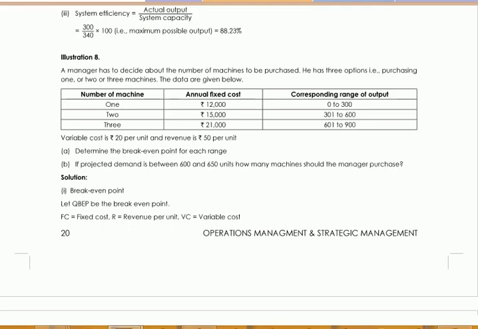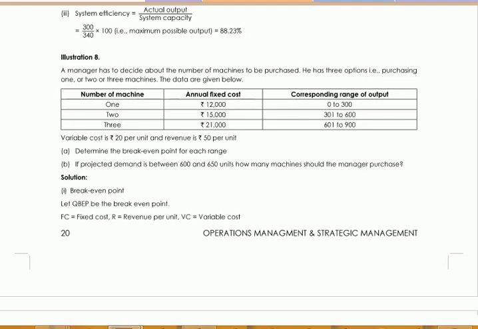Data is given to us. Number of machines, fixed cost, and the range of output which will be produced on the 3 machines 1, 2 and 3 are given in the table. Variable cost per unit and revenue are also given. They are asking us to find out the break-even point for each range. I will repeat the question once again.